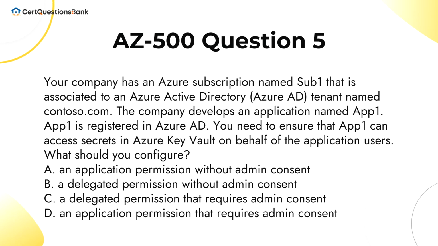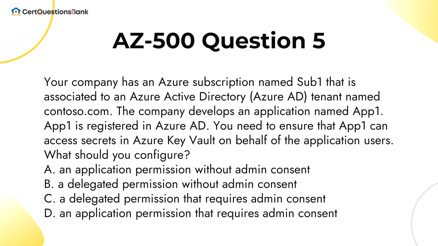Your company has an Azure subscription named Sub1 that is associated to an Azure Active Directory (Azure AD) tenant named Contoso.com. The company develops an application named App1. App1 is registered in Azure AD. You need to ensure that App1 can access secrets in Azure Key Vault on behalf of the application users.